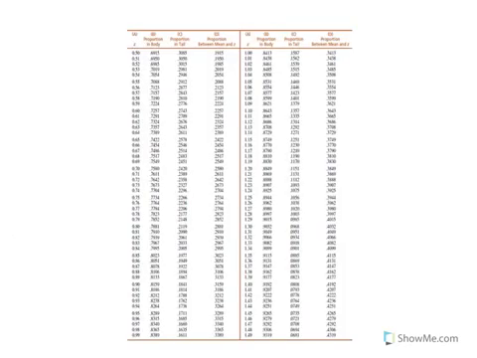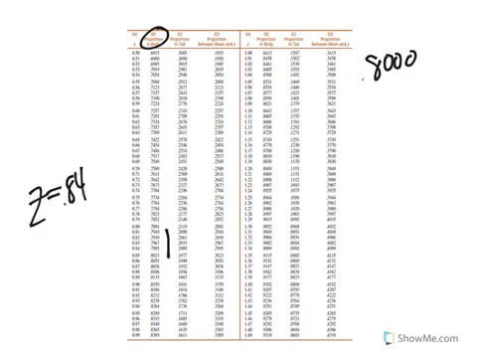Okay, so we're looking for the proportion of 0.8000 in the body. Okay, so we're going to utilize column B, and we're looking for 0.80, and we see here that this is the area that we would focus on, and we find that a z-score equal to 0.84 has a proportion in the body of 0.7995.